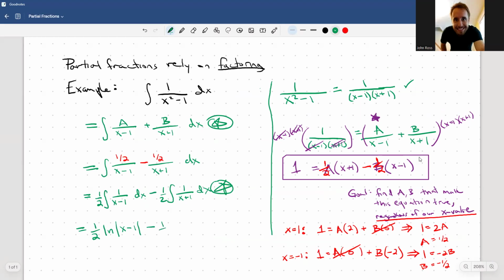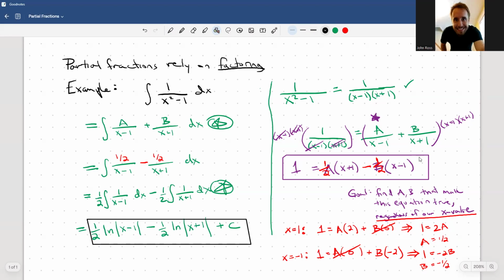Then we have a -1/2, and if we work through the process of substitution on this integral, we will get the ln of absolute value x plus 1 plus c. This gives us a complete, correct answer to our original integral.